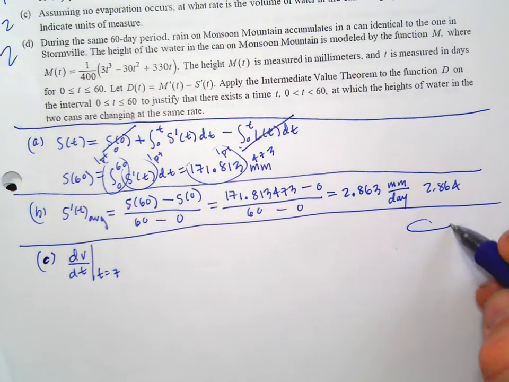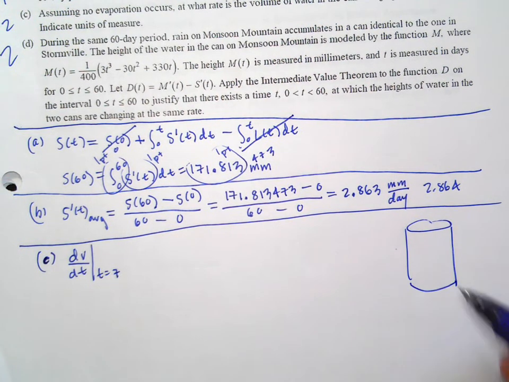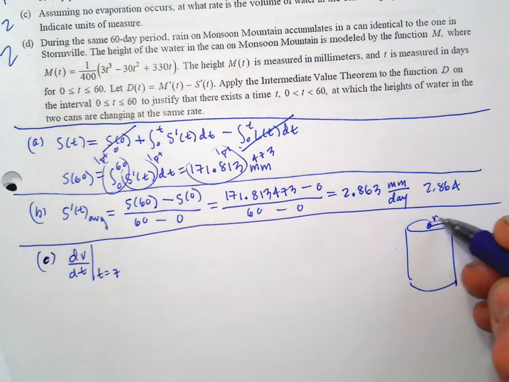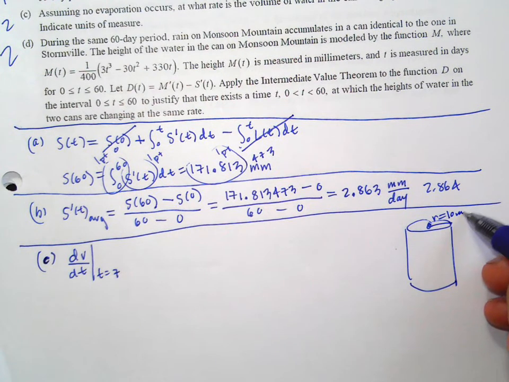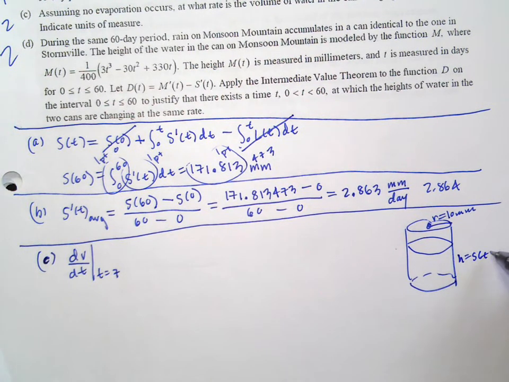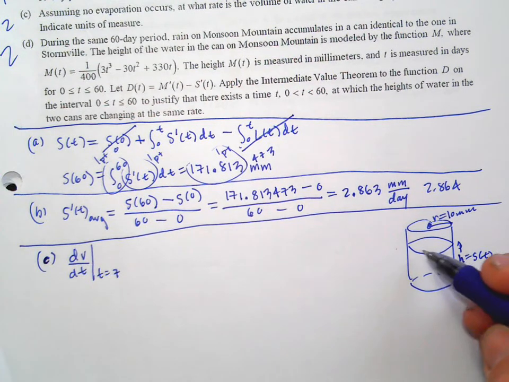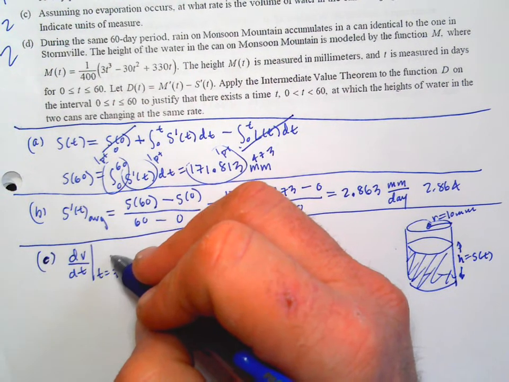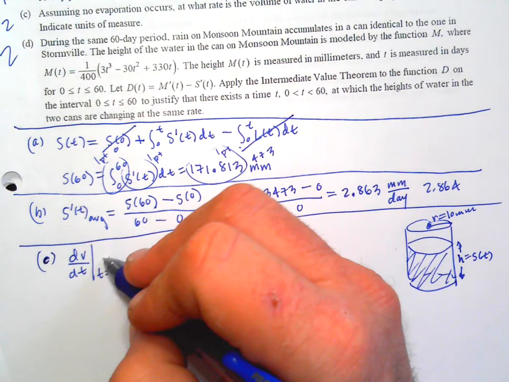It's a cylindrical can, and it has a constant radius of 10 millimeters, right? And then there's a level of fluid in it that has a height, which they're calling S. And so the volume of the liquid in here at any point is going to be, so we're trying to find this.